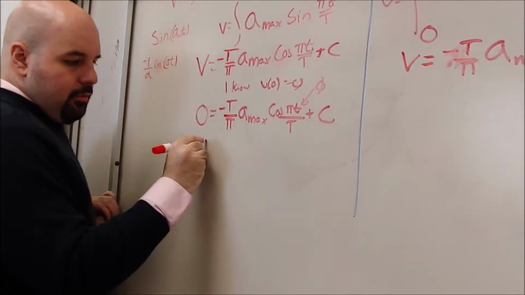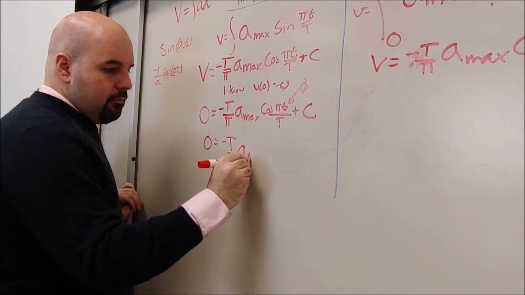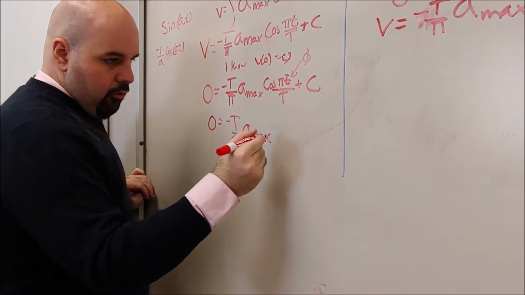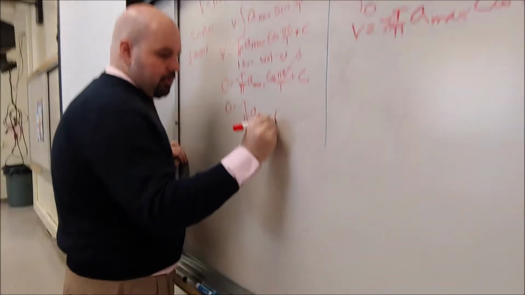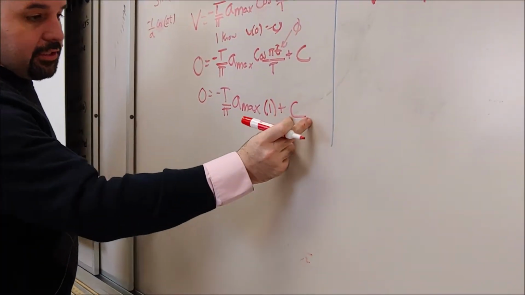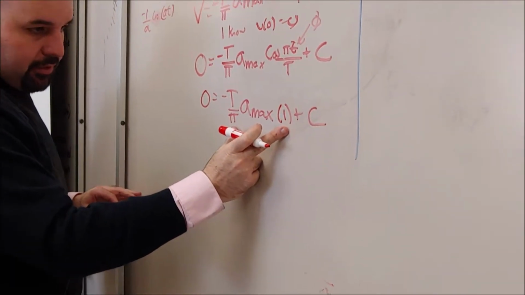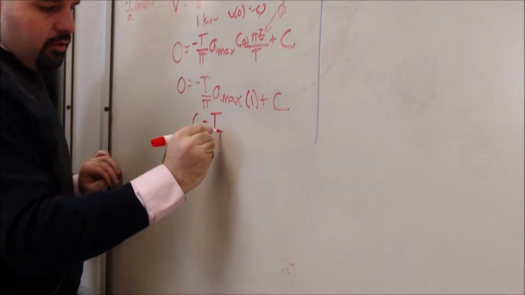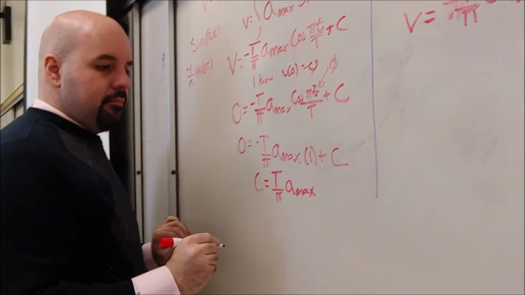So I'm gonna have 0 equals negative t over pi, cosine of 0 is 1. This becomes a 1 term plus c. Obviously, solving for c, c is going to be the opposite of this. So c is going to be t over pi a max.